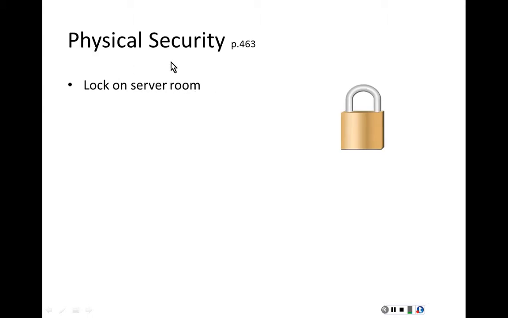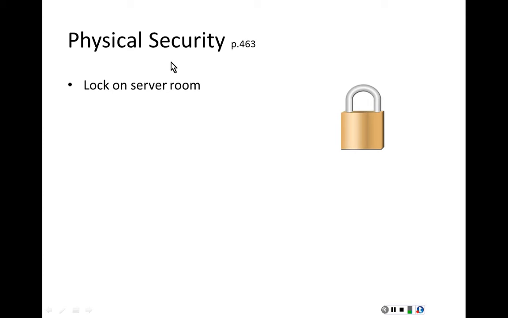Physical security. This is the one that's so easy to forget. I was on a job one time, and they had passwords and antivirus software and everything. And then one day, in the middle of the day, someone strolled into the server room just acting like he knew what he was doing, picked up a $20,000 server, unplugged it, smiled at the people, how you doing, walked out, and then nobody even knew who he was.